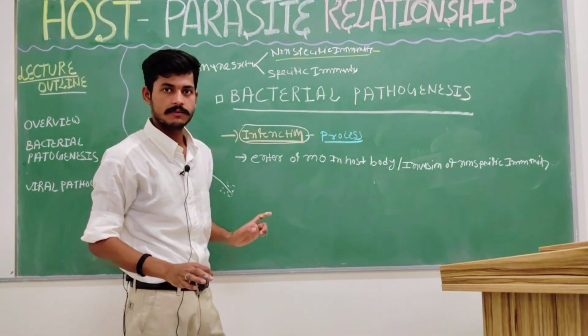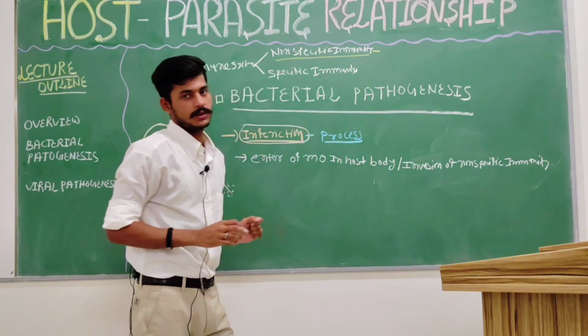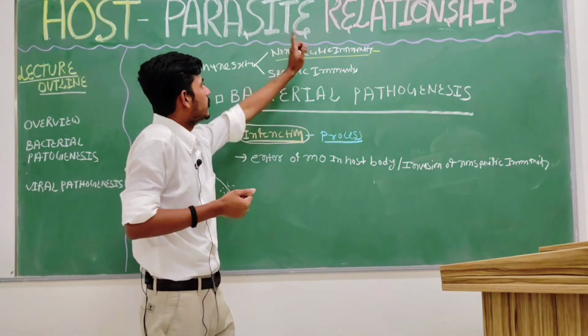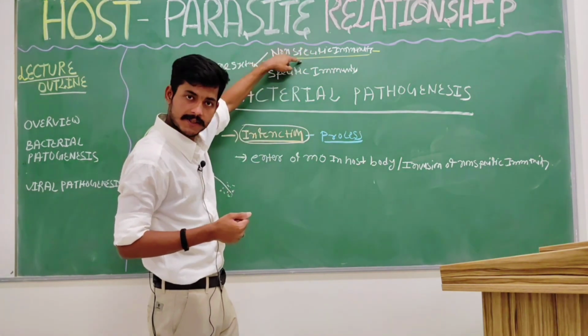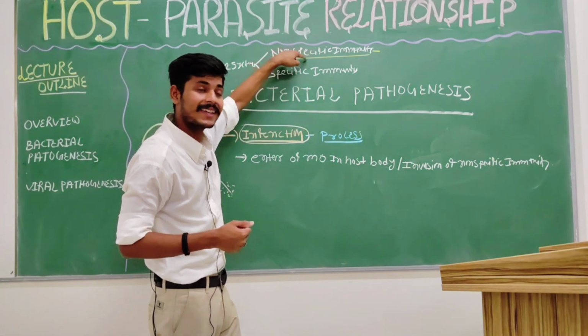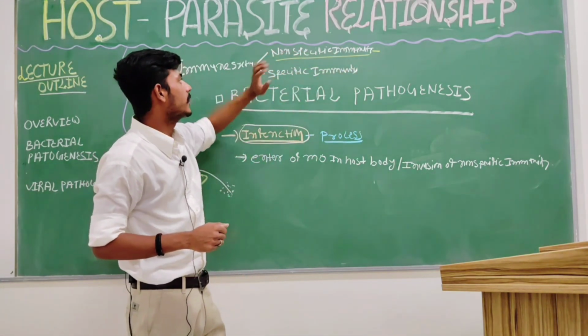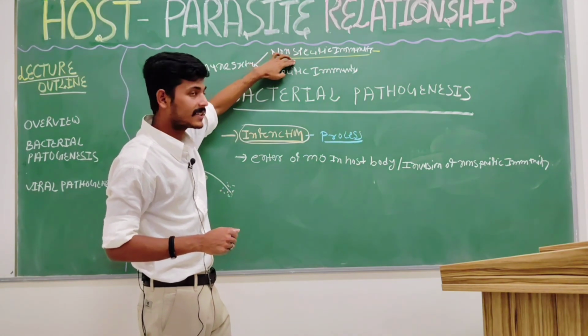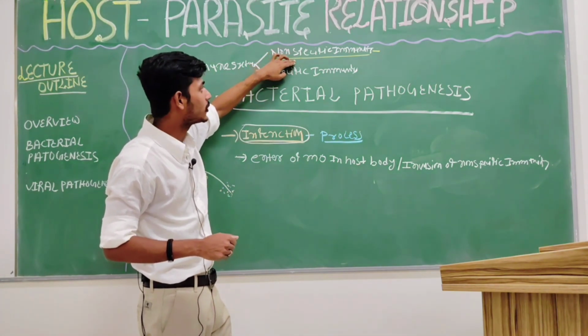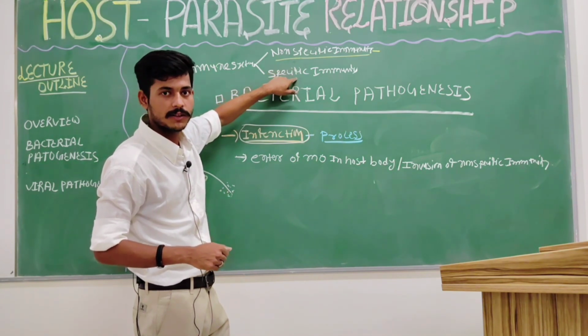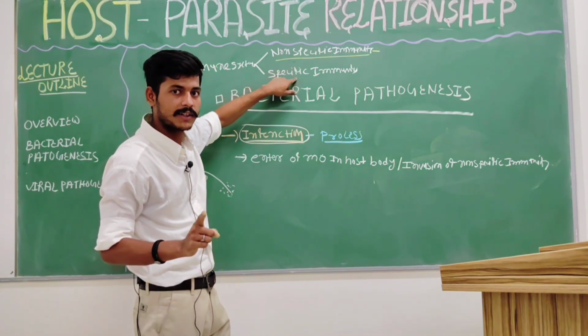Any microorganism which wants to cause certain signs and symptoms in our body must first evade the non-specific immunity. Once it successfully escapes it, then it has to fight the specific immunity. Are we getting the points?